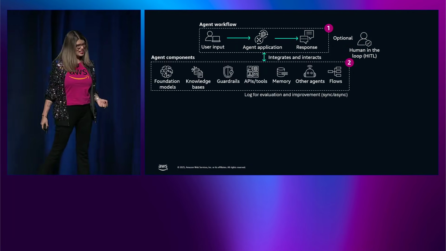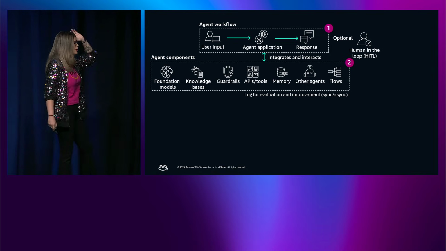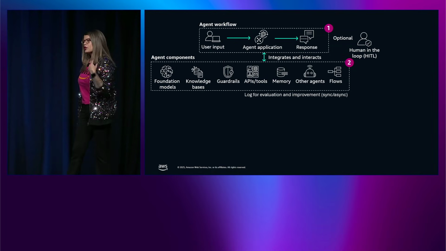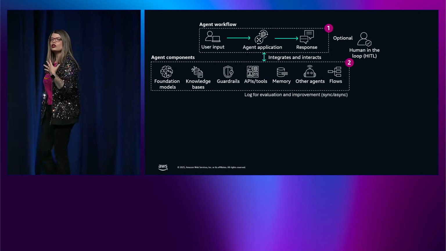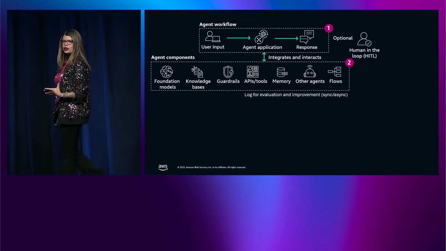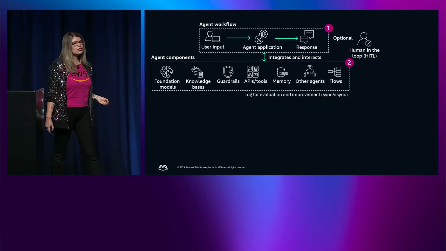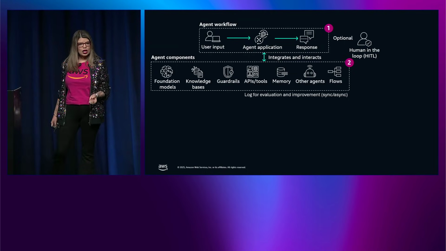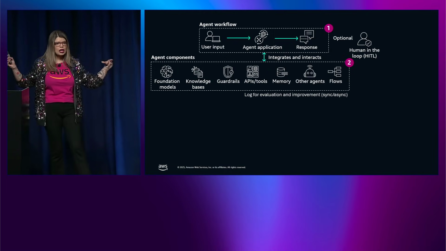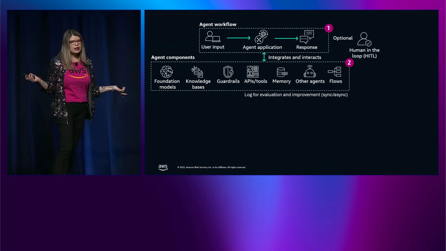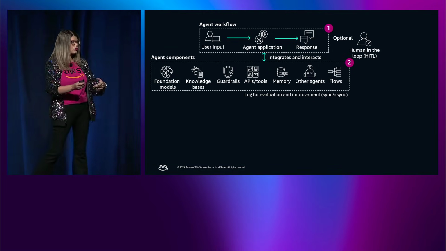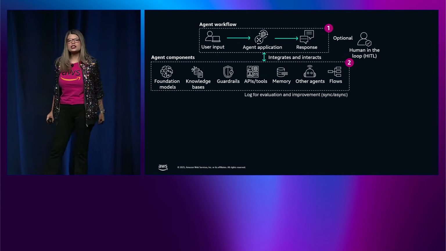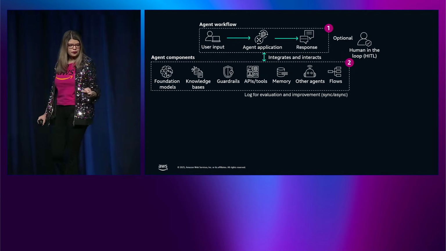Now the components. The first component, the foundation model that we are going to use for the reasoning loop. Which model are you going to use? It depends on your specific needs. We have more complex models that are more advanced in capabilities, and we have more simple models that are straight to the point for a specific reason.